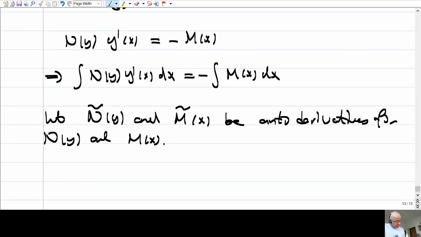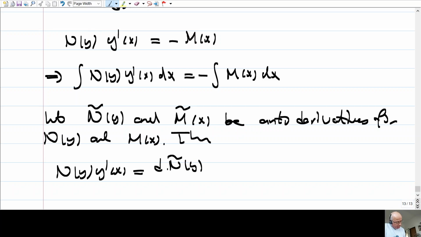Okay, then this thing, n(y) y prime, is just d of N tilde of y divided by dx.